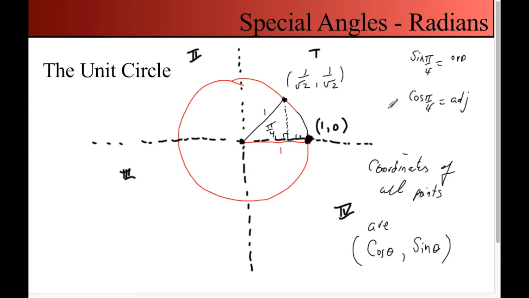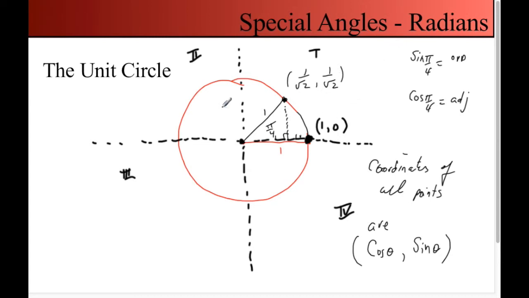Sometimes it's hard to remember, and it's quite possible that you can convert those angles to degrees and then use your knowledge of the CAST rule to develop the exact values. I find it a little bit quicker to use the unit circle, and I'm going to show you some examples.